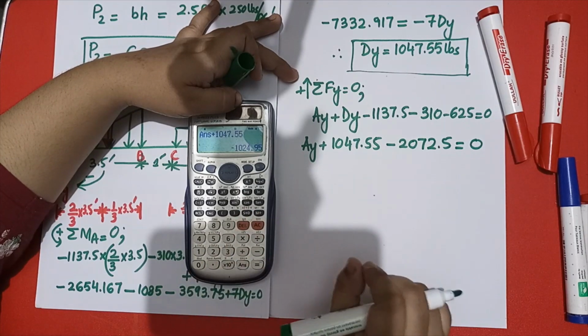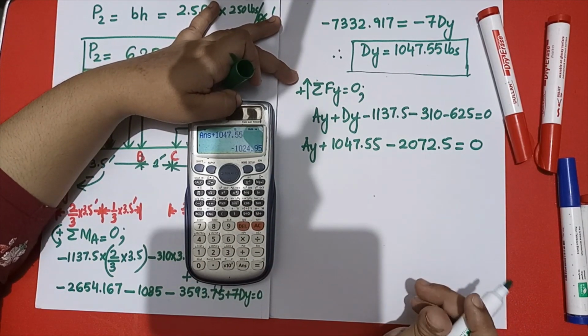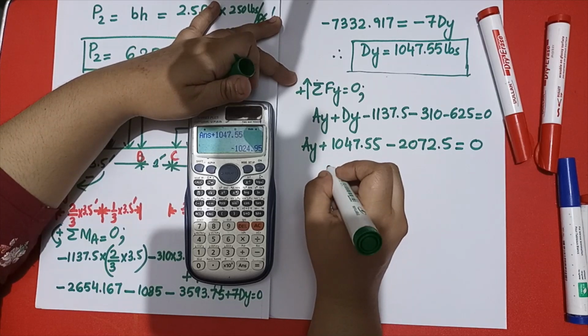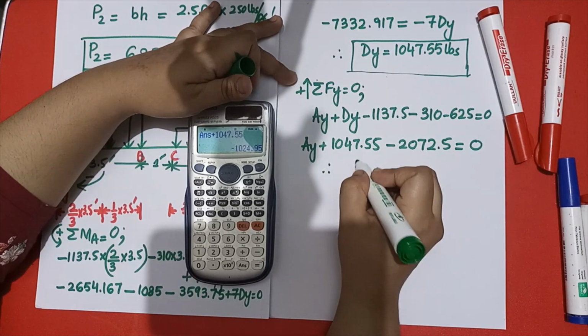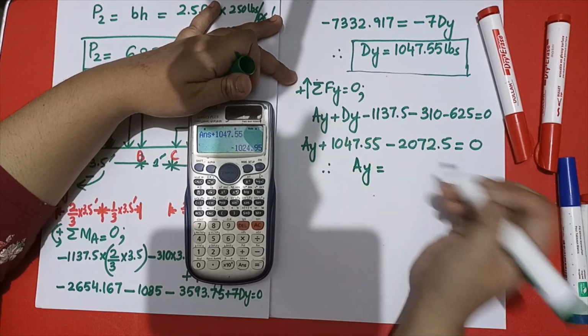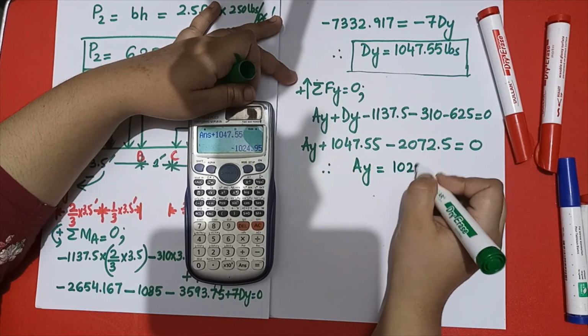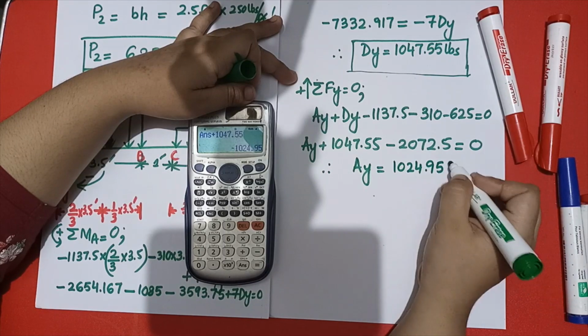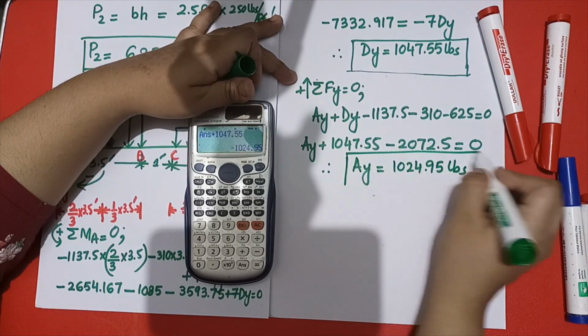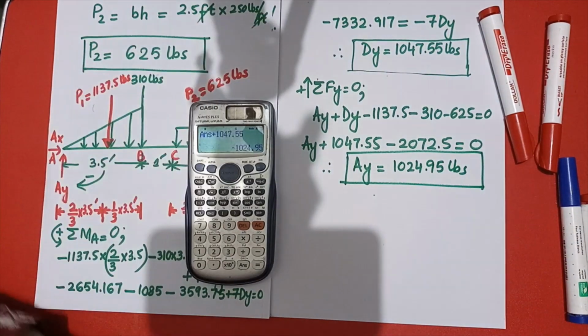So the answer will be 1024.95. Therefore Ay is equal to, it will be the positive one, 1024.95 pounds. This is the way to find out the support reactions.